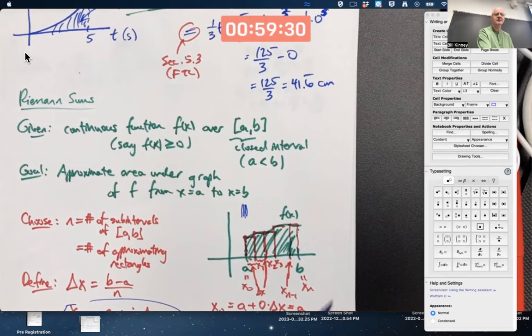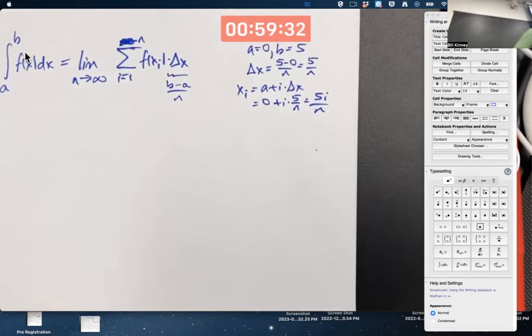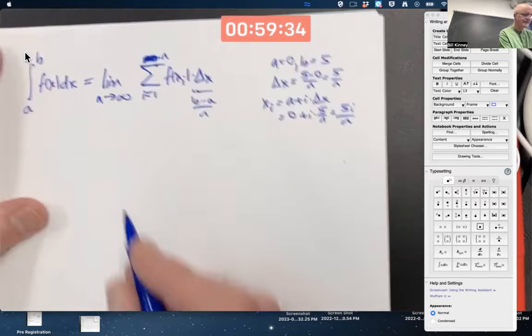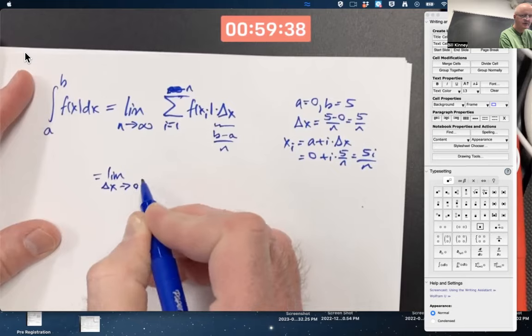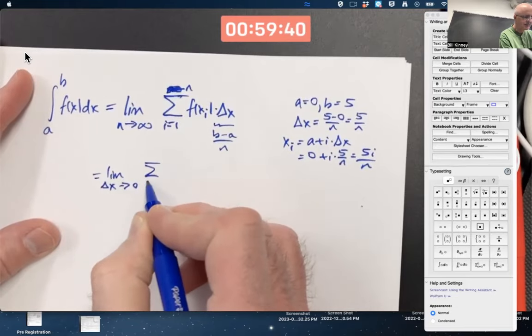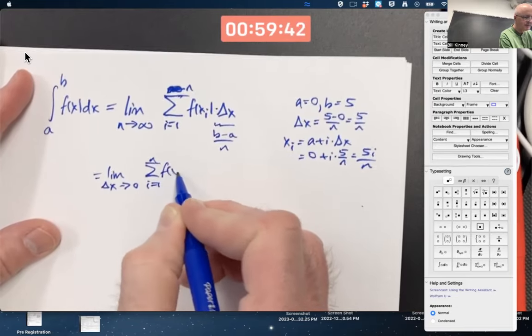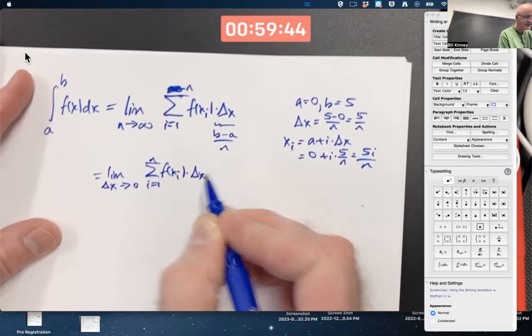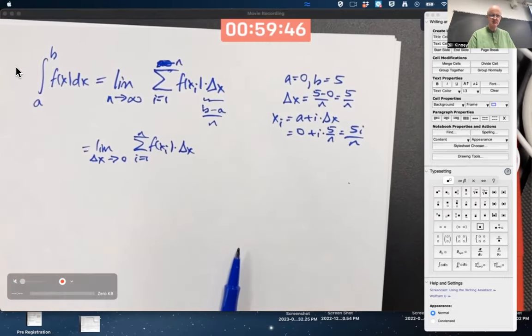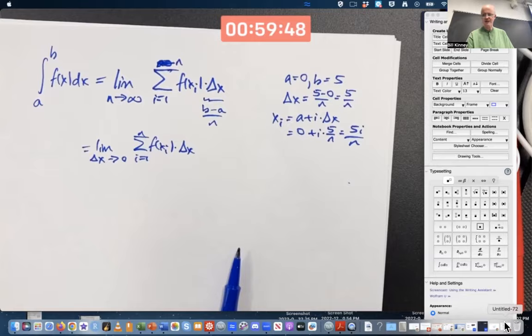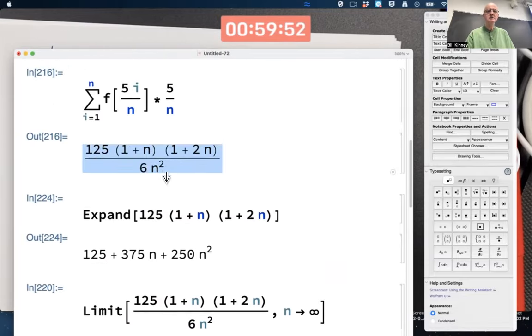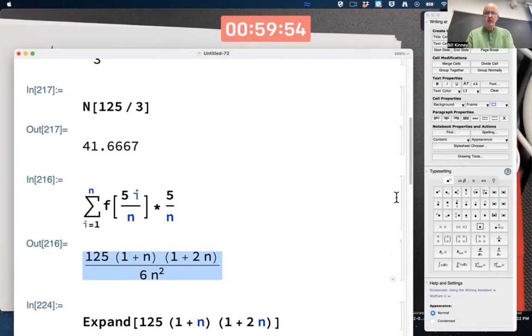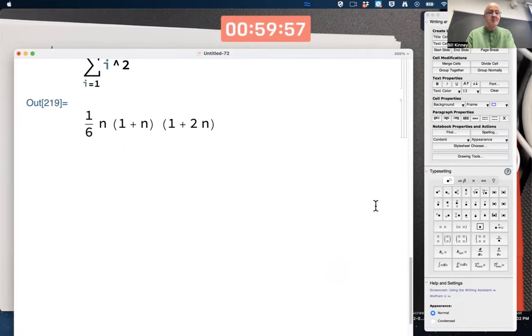Could I also do it with the delta x? I could also write this as the limit as delta x goes to 0 of the same kind of summation. Could I also get Mathematica to do that? I think so. I haven't tried it that way, actually, to tell you the truth. Let's see, what would I need to change here?